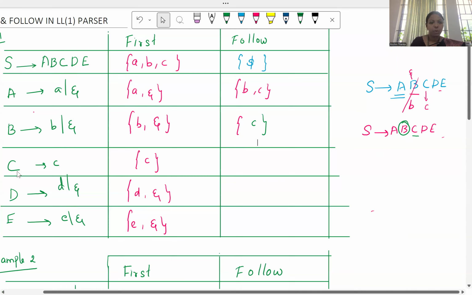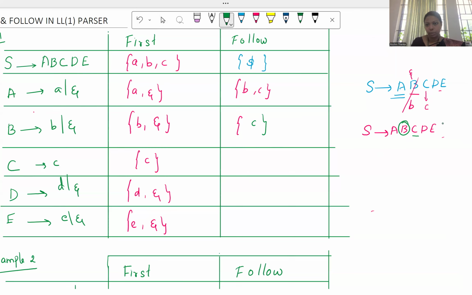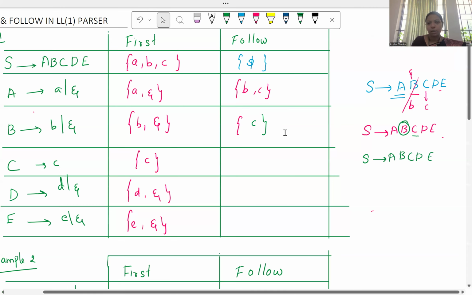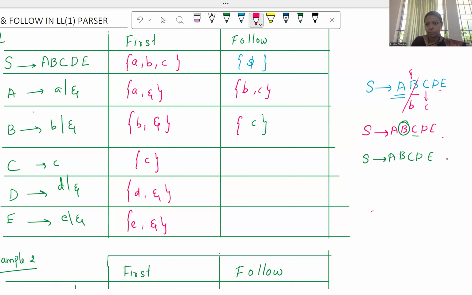What is the follow of C? Here we have C only on the right hand side, right? So let me write it once again. S derives A, B, C, D, E. Now we have to see who is the follow of C. Who is following C?